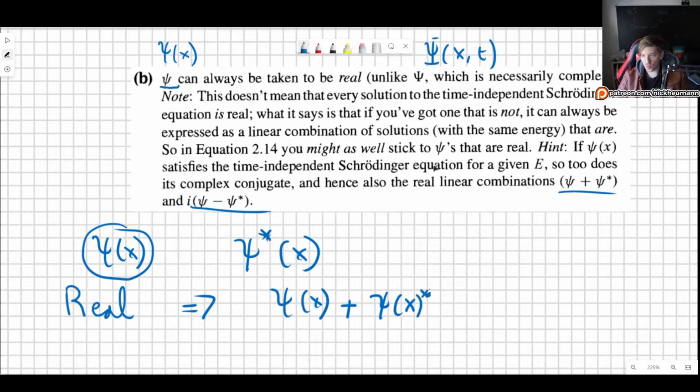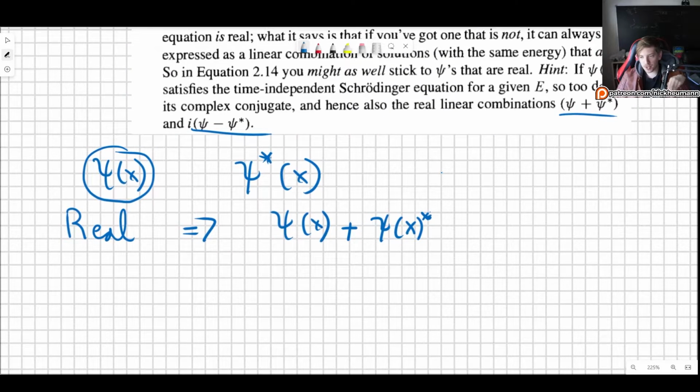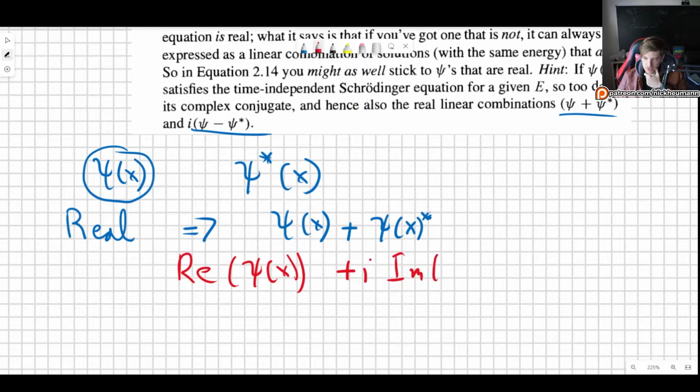All right? And why is this important? Because whenever we have some complex quantity, we can always write it as the real part of our quantity, in this case psi of x, plus i times the imaginary part of our quantity, in this case psi of x.